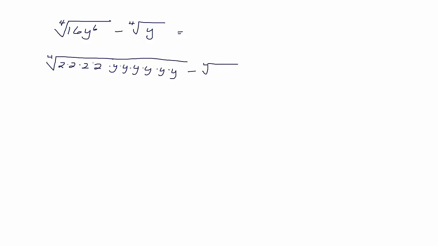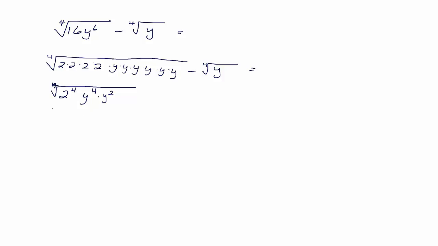minus the cube root of y. So this can be squished down again. That's 4. That's 2 to the fourth. And this is y to the fourth times y squared.